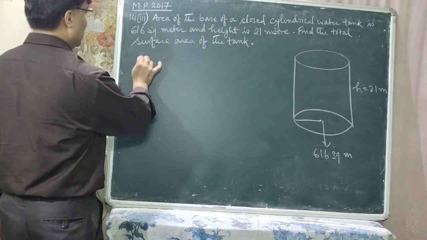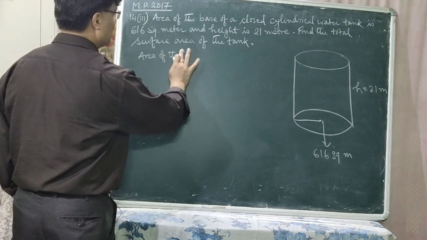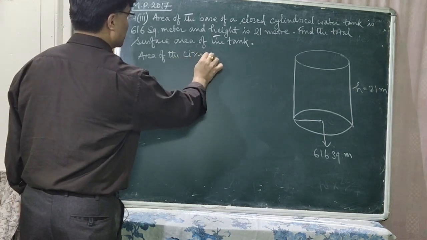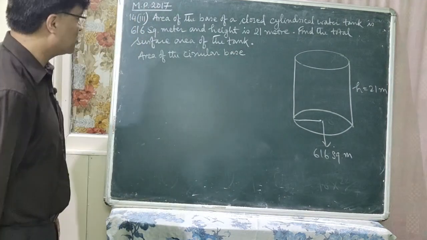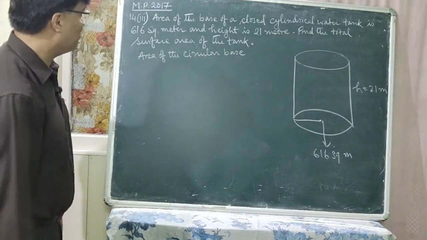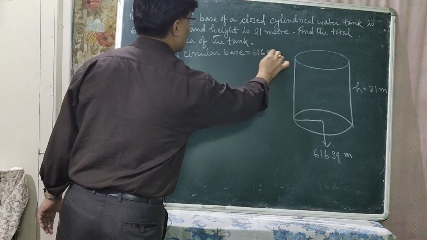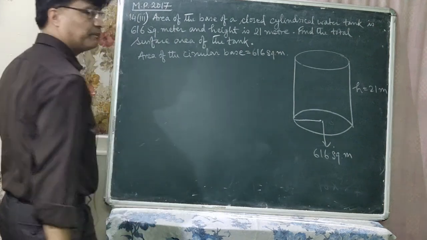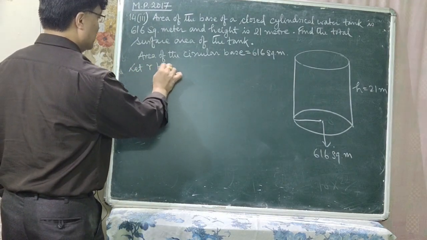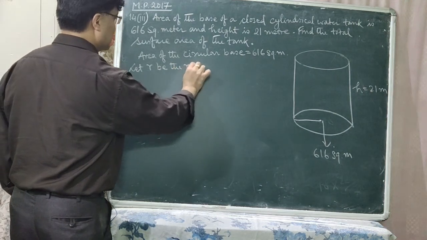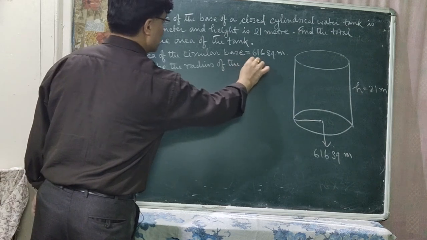So here area of the circular base, because you know that the base is a circle, that's why it is written as area of the circular base, is equal to 616 square meter, right? So let r be the radius of the circular base.